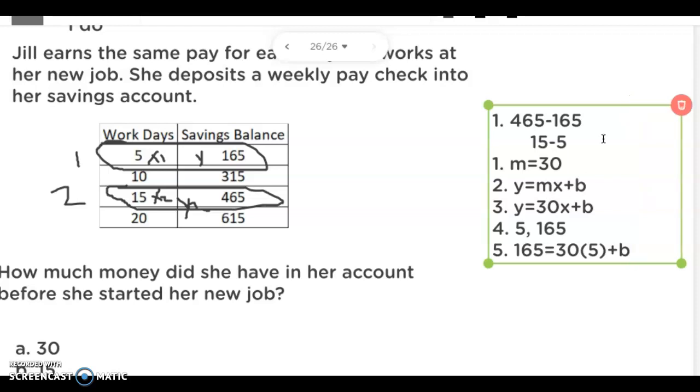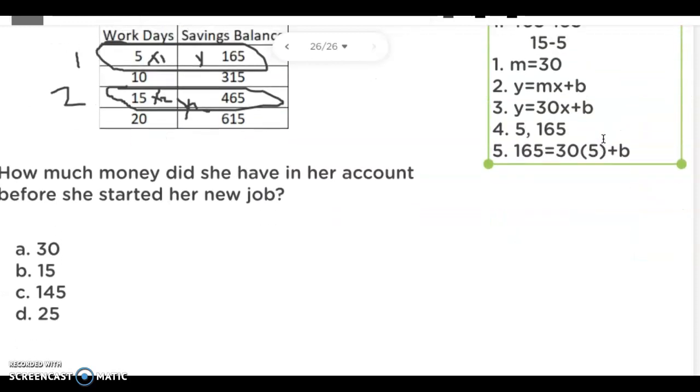I'm going to come down and solve this. So the first step is going to be multiply 30 times 5. 3 times 5 is 15, so we're looking at 150.